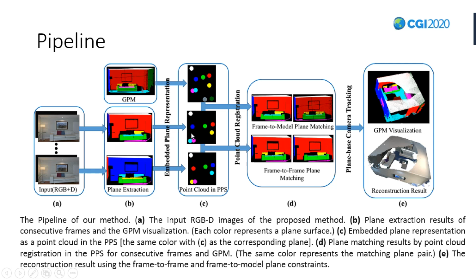At the same time, we align the point cloud of the current RGB-D frame with the point cloud corresponding to the incrementally reconstructed model, and establish the plane correspondences between the current frame and the reconstructed model. Then we use the local plane correspondences and the global plane correspondences to construct the plane consistency constraint and the global plane consistency constraint to improve the accuracy of camera tracking. Finally, a more realistic 3D model can be generated.